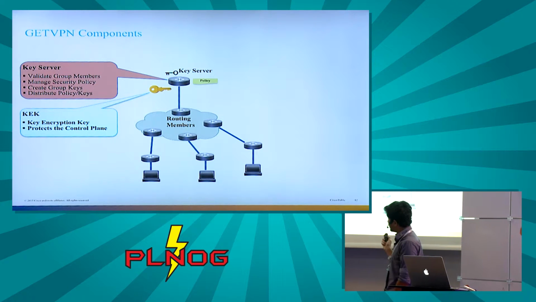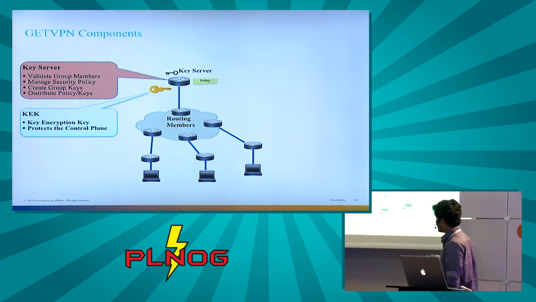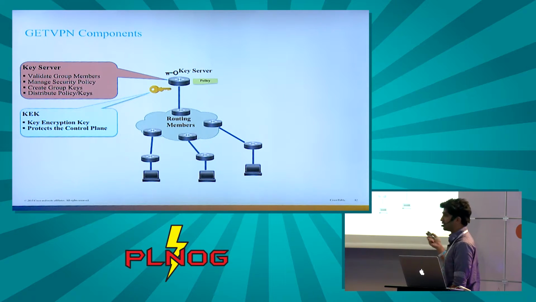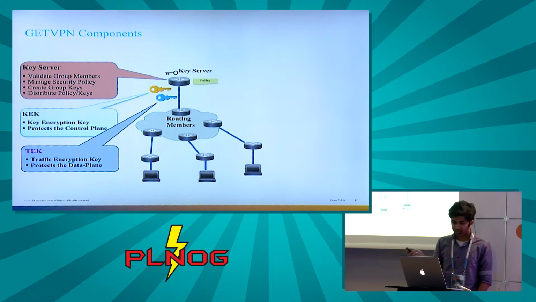We have two types of keys. One is called KEK. KEK is key encryption key, which protects the control plane, because control plane here refers to the communication between the group members and the key server. And then you have TEK. TEK is the traffic encryption key.